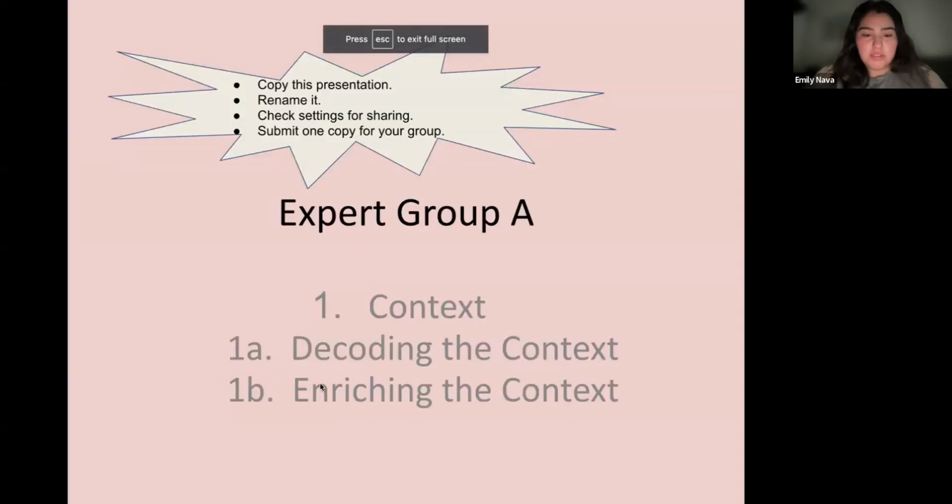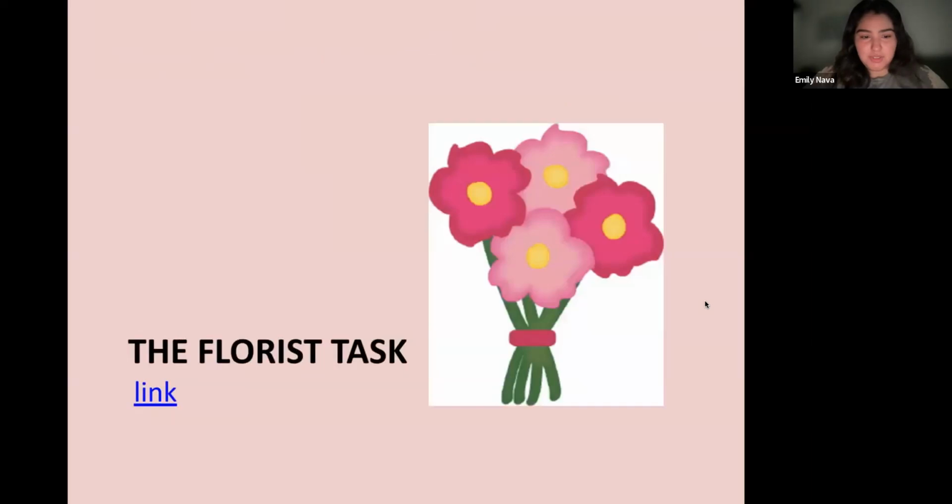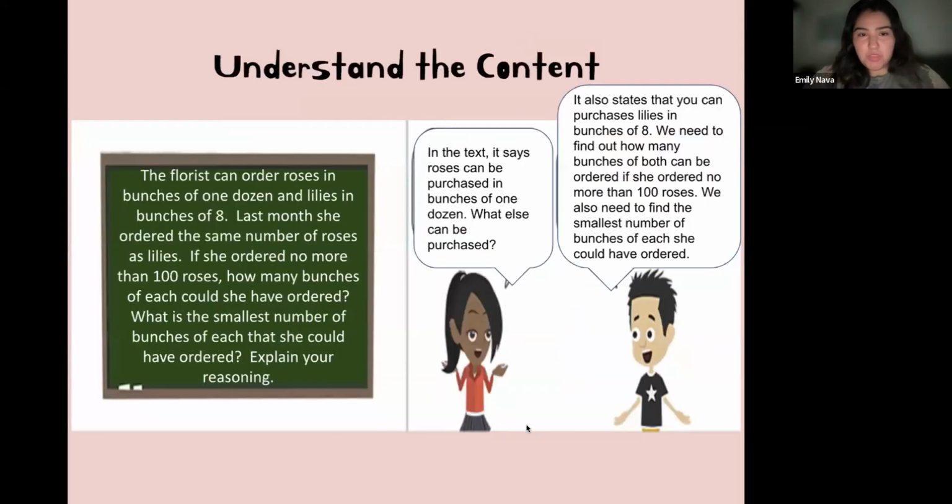Alrighty. So for our presentation, our whole thing was about context, decoding the context, and enriching the context of the problem. So the florist task. The first one was to understand the content.